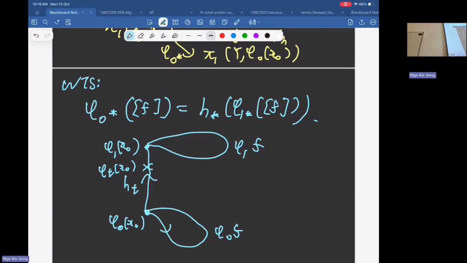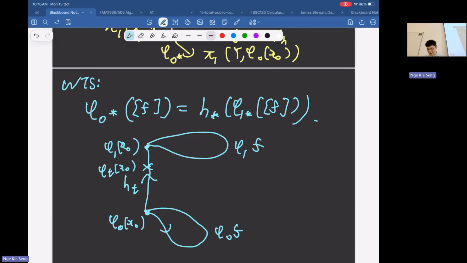This is a bit like university. You can loop around here and then do what? Where's the homotopy? How to go from this to this? You cannot jump straight away. You must do it slowly. How to do it slowly?